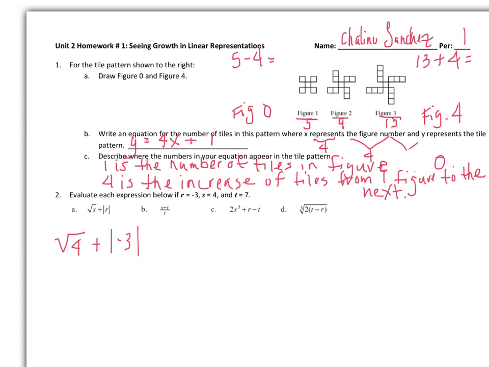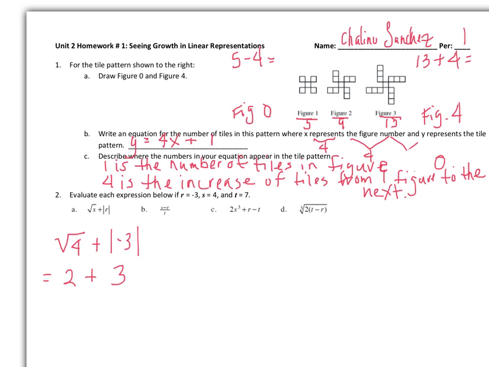What is the square root of 4? What's the absolute value of -3? Remember, absolute value is the number of steps from 0, and -3 is 3 steps from 0, so we would write it this way. I think you can handle it from there.